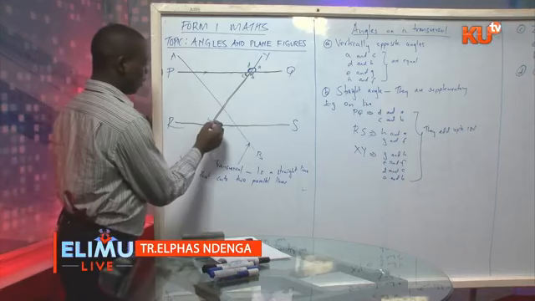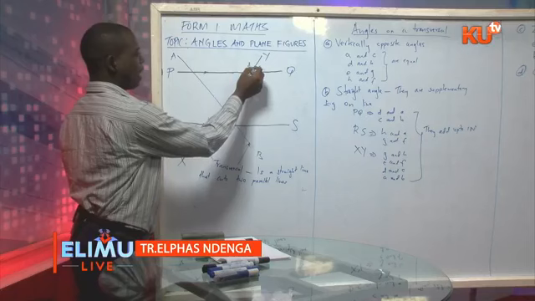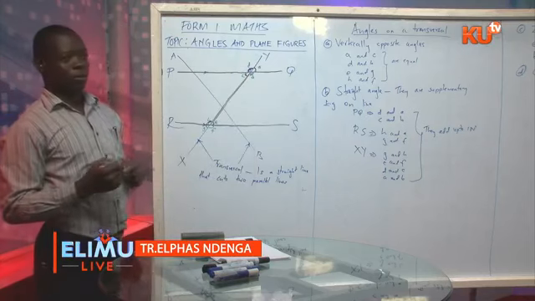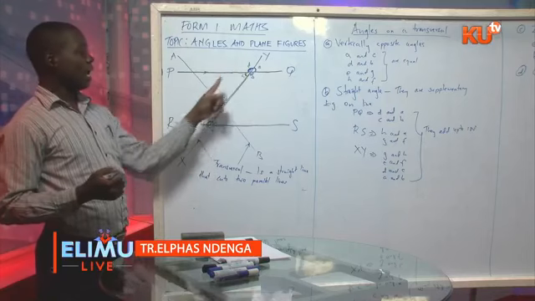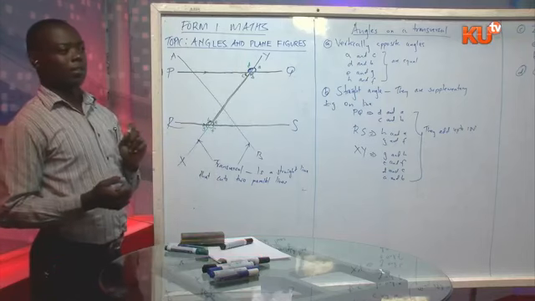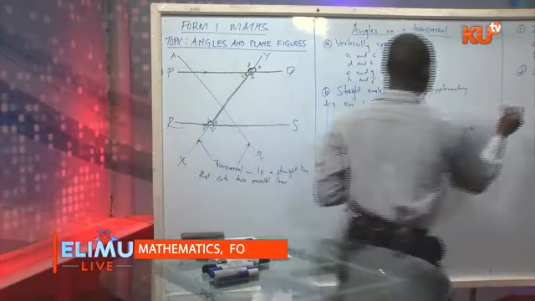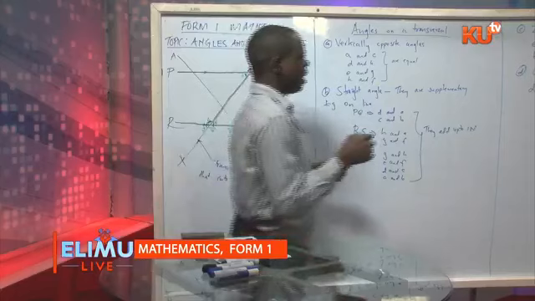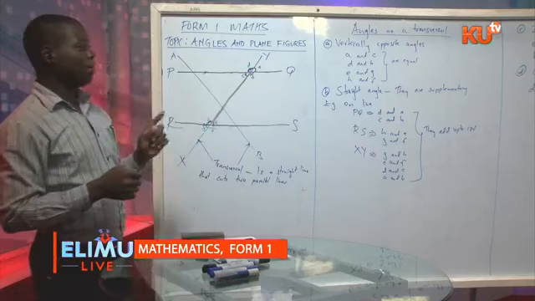It's angle H. So H and D are in the same position on the same side of the transversal. Therefore, D and H correspond. That is number one, that D and H, because they are on the same side of the transversal in the same position.